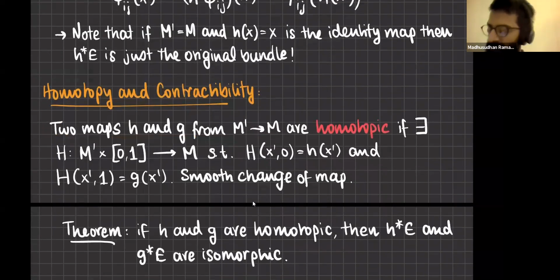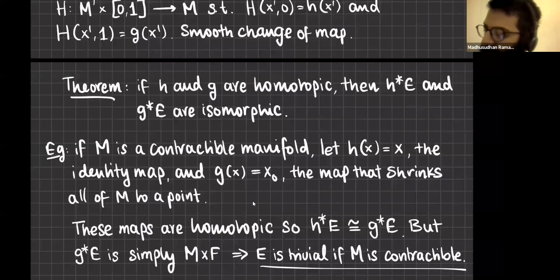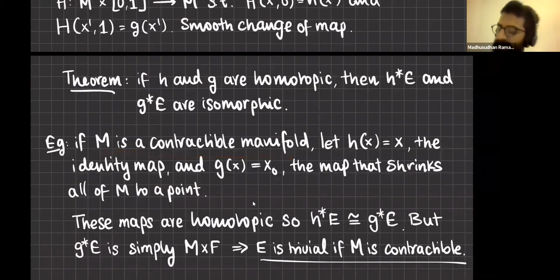So now there is a theorem that if H and G are homotopic, then H star, which is the pullback bundle of E using H, and the pullback bundle of E using G are isomorphic. Just as an example, if M is a contractible manifold, let the function H just be the identity map, so it sends every point on the base manifold M to itself.